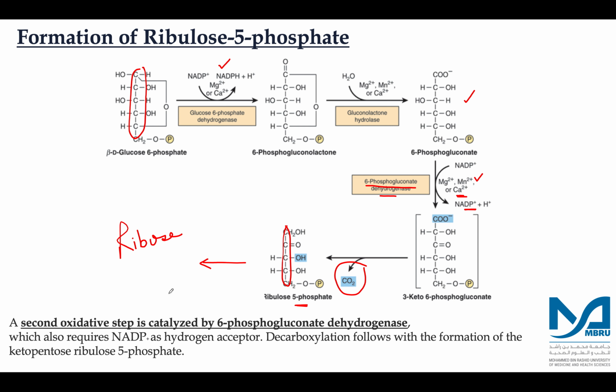So you started with glucose 6-phosphate, you will end up with glucose 6-phosphate. In the process, you will also produce NADPH and ribose 5-phosphate. Both these intermediates, that is NADPH and ribose 5-phosphate, are important for the body in order to run other metabolic processes.